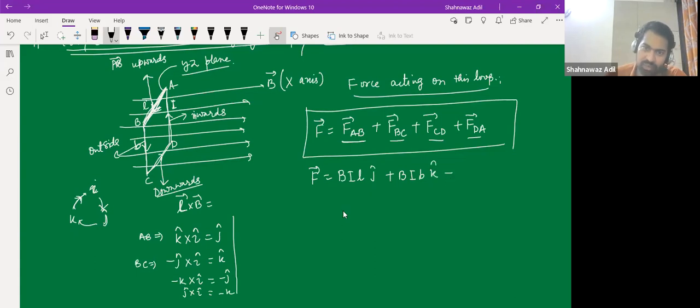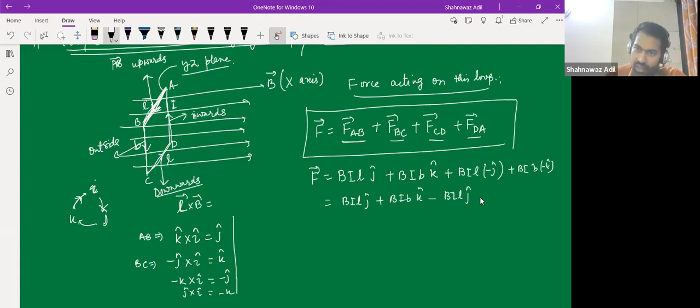Then for CD, BIL with direction minus J, and then BIB with direction minus K. So the sum is BIL J hat plus BIB K hat minus BIL J hat minus BIB K hat.